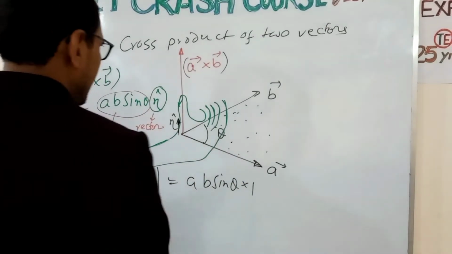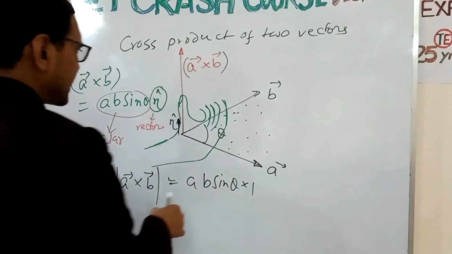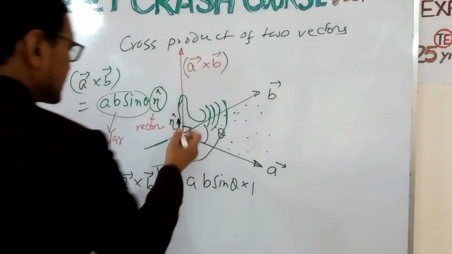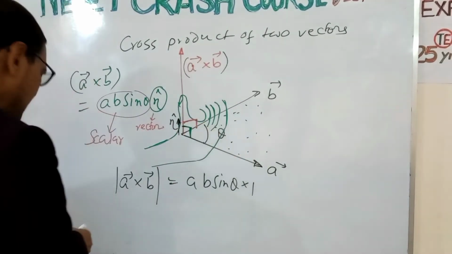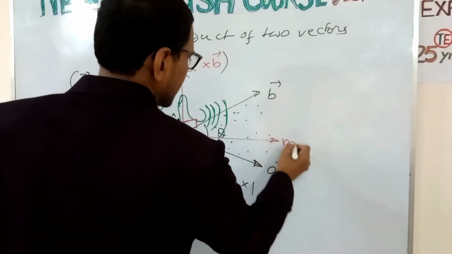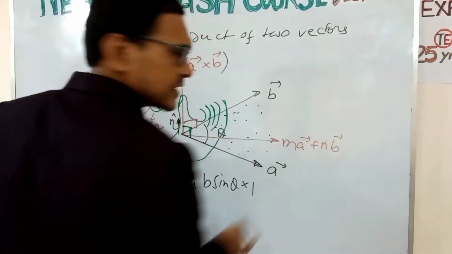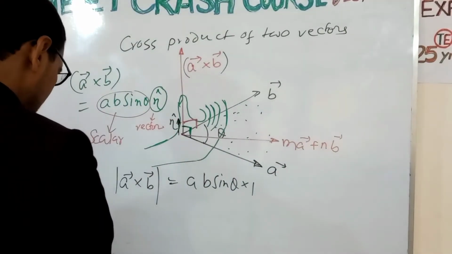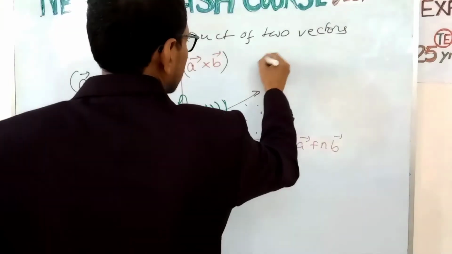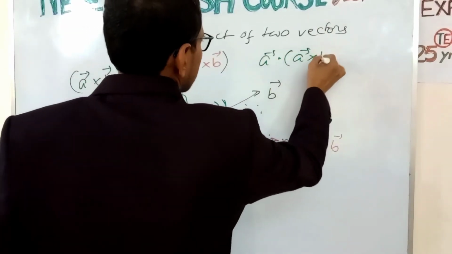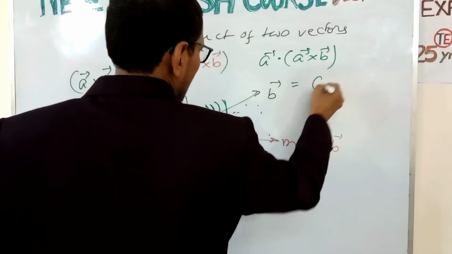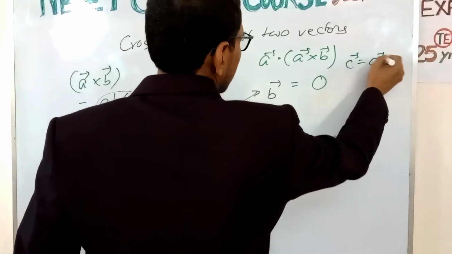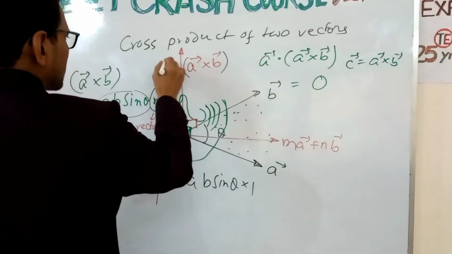Now a cross b is perpendicular to both a and b, and any vector in this plane is ma plus nb, where m and n are two scalar quantities. Now what is the value of a dot a cross b? This will be 0 because, suppose a cross b is a single vector c.